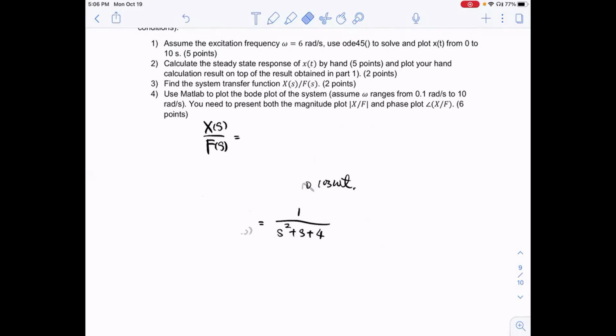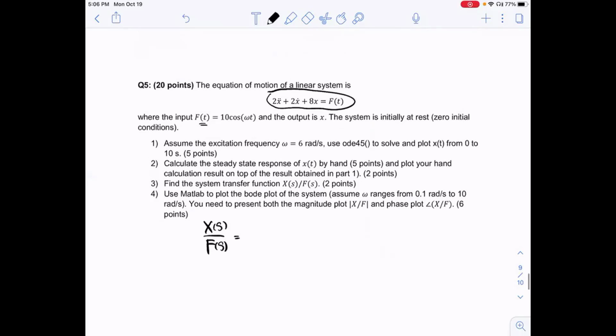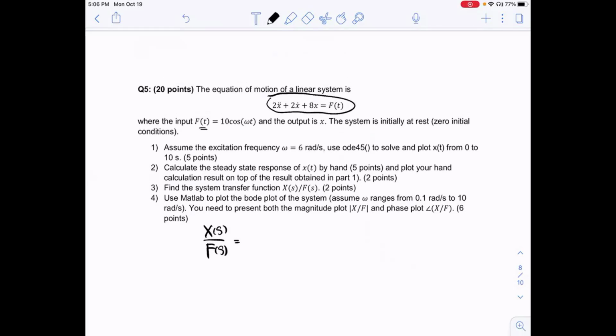So I need to emphasize one thing. When you look at your ODE and want to get the transfer function, you don't care about what the f(t) looks like. You want to forget about f(t) and treat your input as a whole. You cannot substitute anything into your f(t) when you do Laplace transform. So that's your F(s). And then on the other side, you have 2s squared plus 2s plus 8, times X(s).